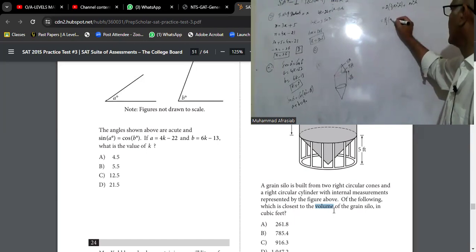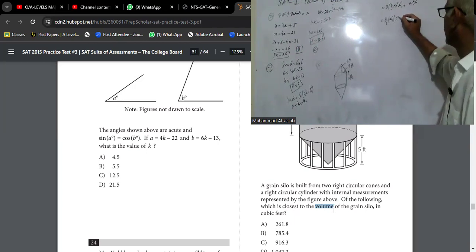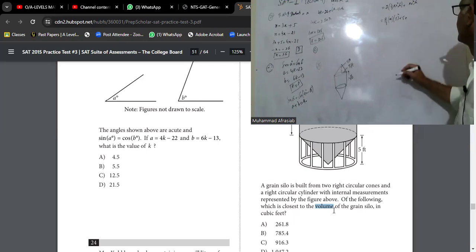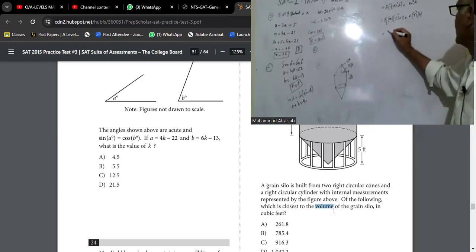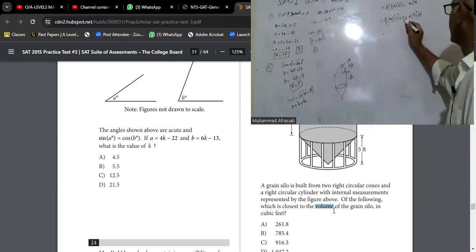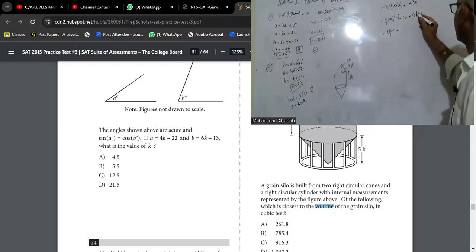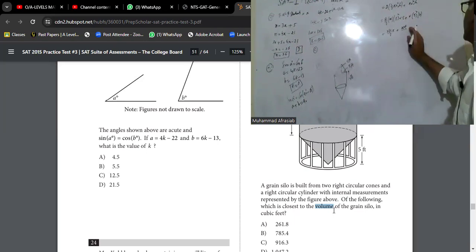So 2 over 3 pi, with r equal to 5 and height equal to 5, plus pi, with r equal to 5, times height 10. That is 2 times 125, 250 over 3 pi, plus 250 pi.